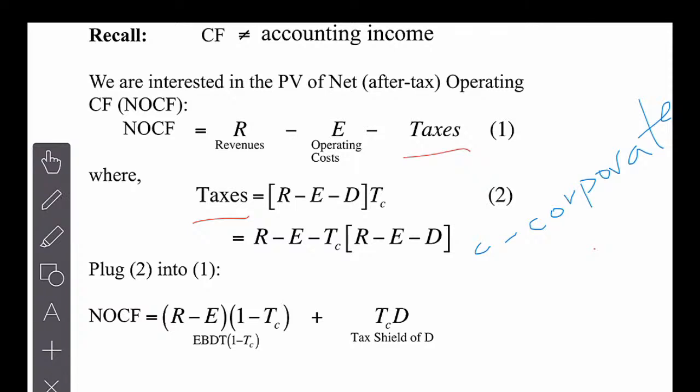So to calculate the taxes overall, we take our net operating cash flows, revenues minus expenses, minus depreciation. You see, there's no D up here. The D is inside of here. So taxes are revenues minus expenditures minus depreciation, and then we compute the taxes.